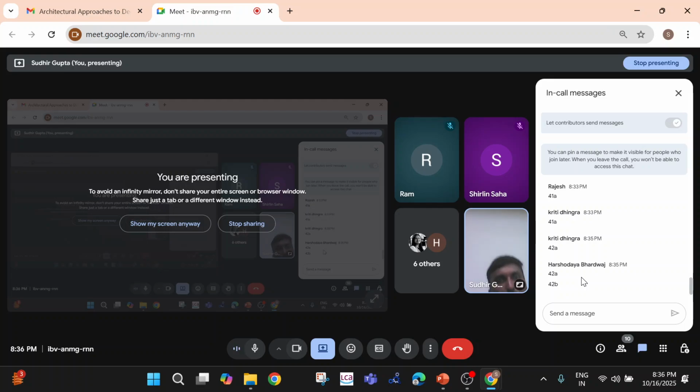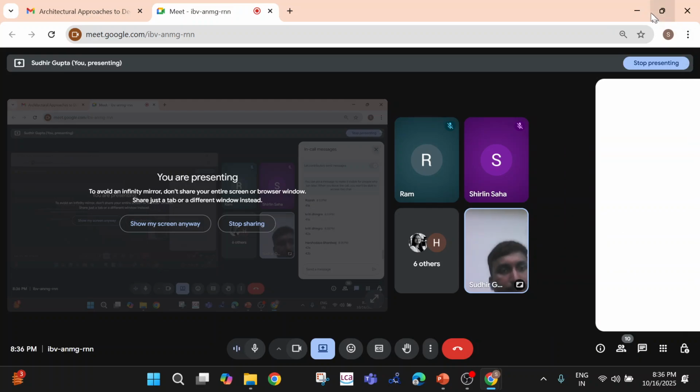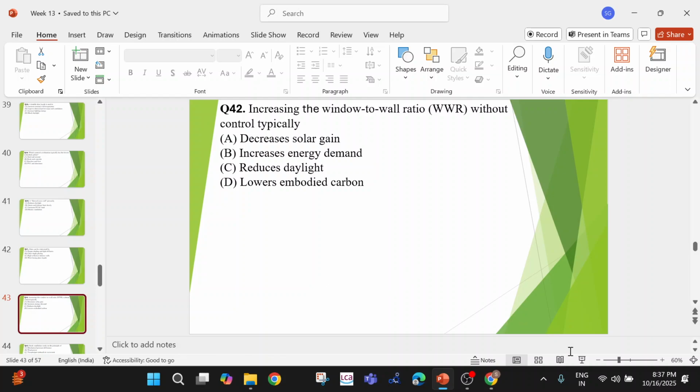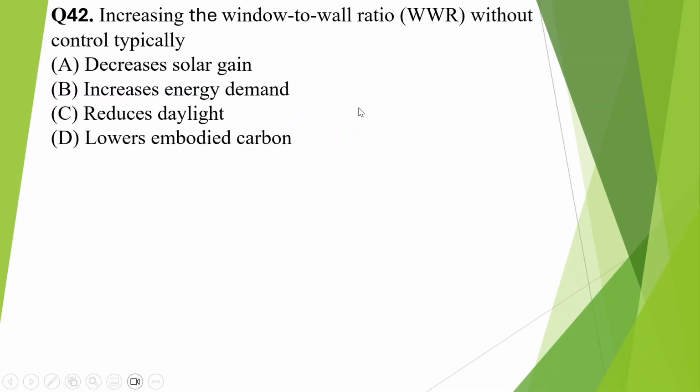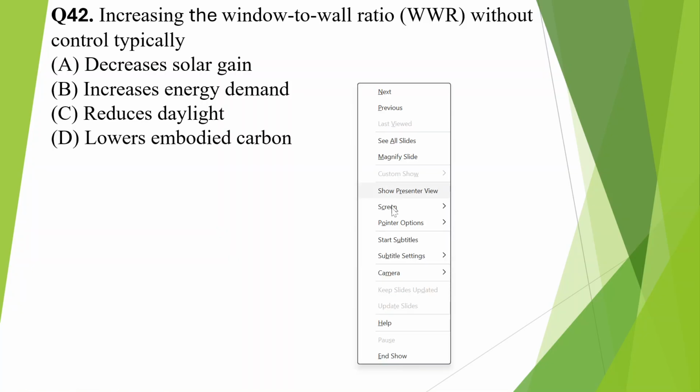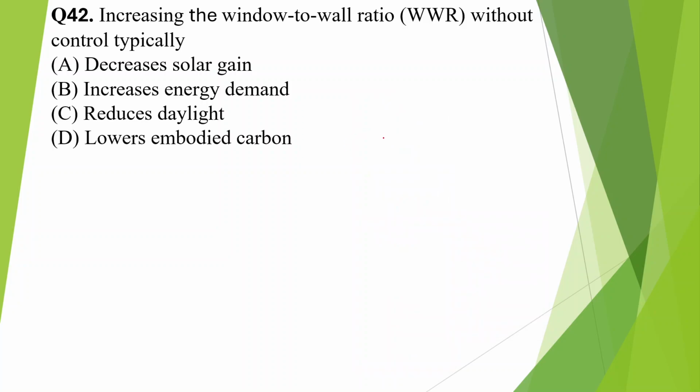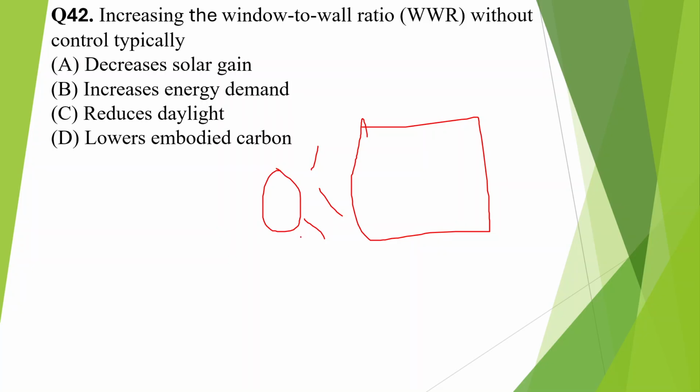So 42B is the correct answer, guys, not A, because you know very well, let me explain with the help of one figure. This is your building wall and this may be the position of the sun.